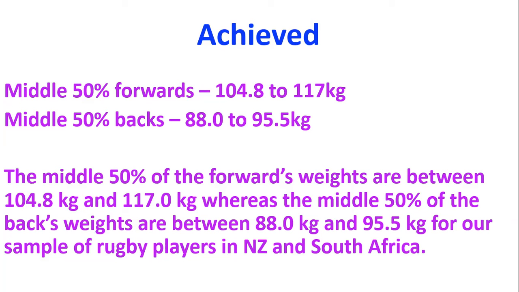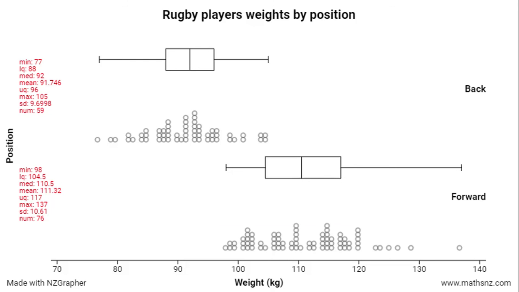Whereas the middle 50% of the backs' weights are between 88 and 95.5 kilograms for our sample of rugby players in New Zealand and South Africa, because that's our sample that we've got. And so that's what we need to be able to write for achieved, as they go between this and this.